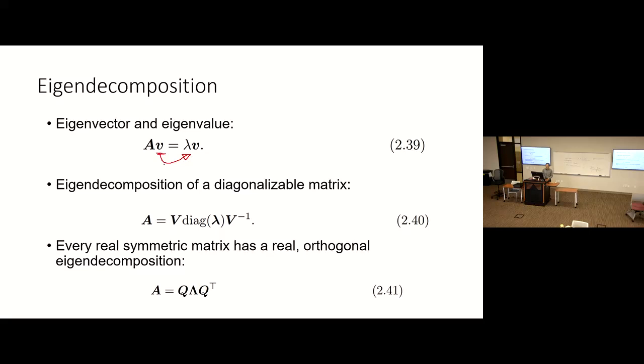Normally we have multiple eigenvectors, so we write the equation in matrix form, with several eigenvectors combined into a matrix.